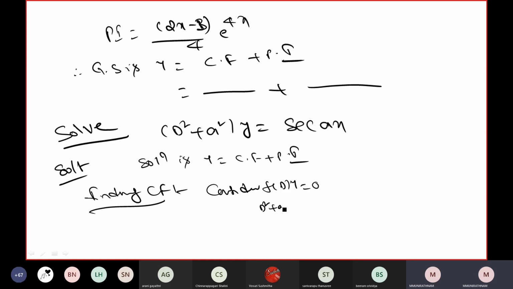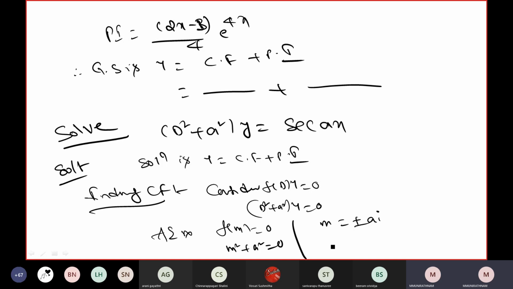So d square plus a square into y equal to 0. So auxiliary equation is f of m equal to 0. So m square plus a square equal to 0, m equal to plus or minus ai. So therefore cf is c1 cos ax plus c2 sin ax.